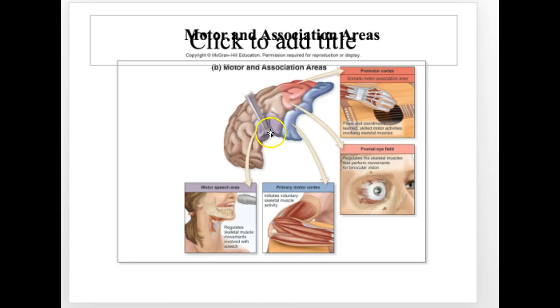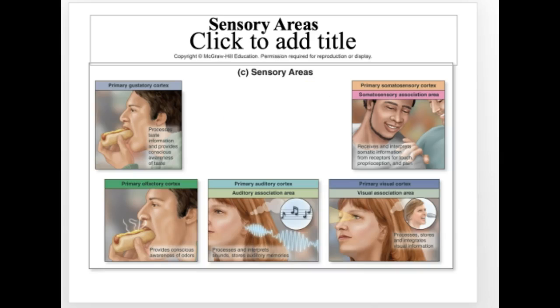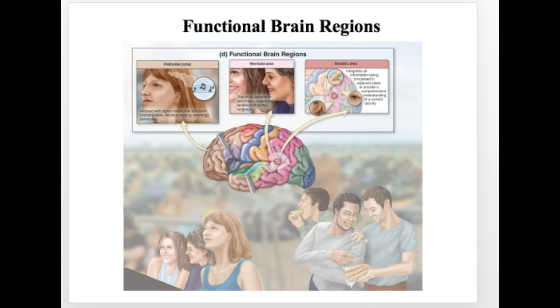A closer look demonstrates the location of the motor speech area or Broca's area, the primary motor cortex, and the premotor cortex. Also shown here is Wernicke's area for speech comprehension, the prefrontal cortex, and the Gnostic area.